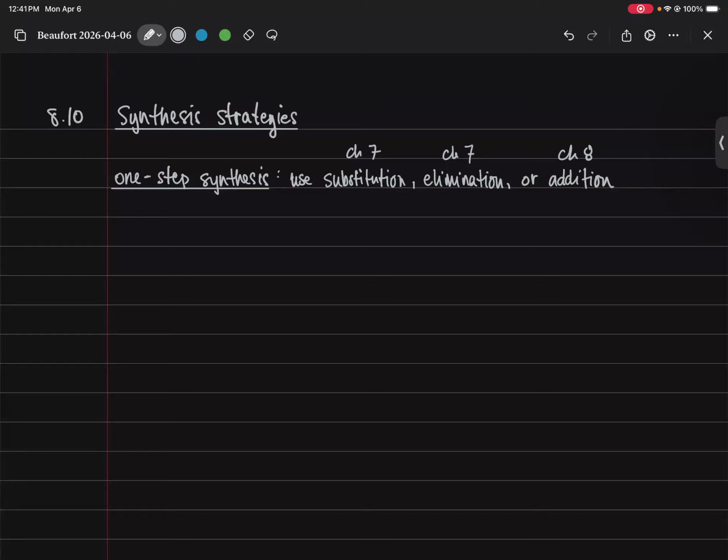So if we're given a problem to solve, like this, how do we go about doing that?